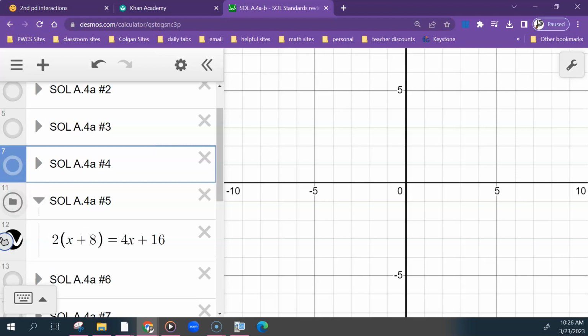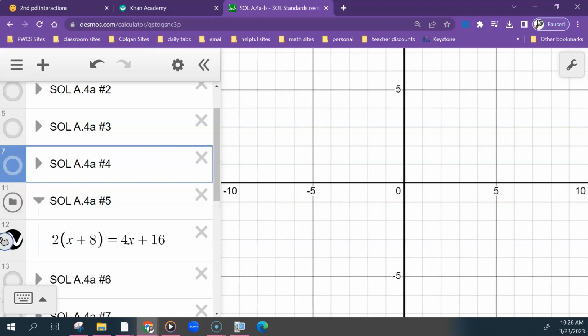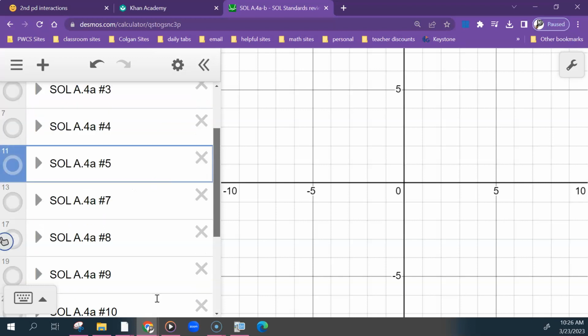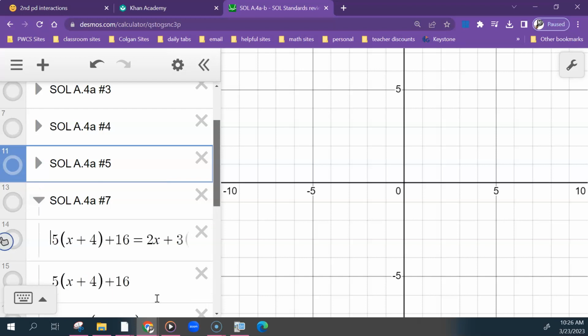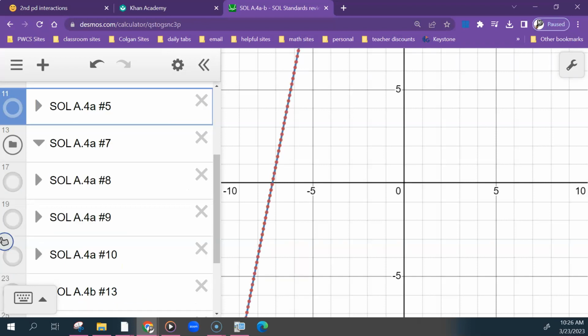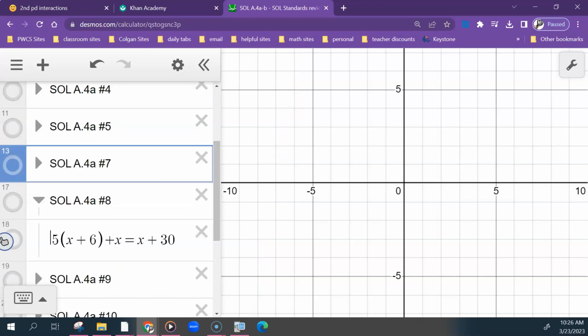And then 5, you would get x equals 0, that one line. I think this should be 6. I don't know. But the same thing happened. When you put in the original, nothing happens, but if you put them in individually, you see that they overlap. It's infinitely many. 8, you get x equals 0.